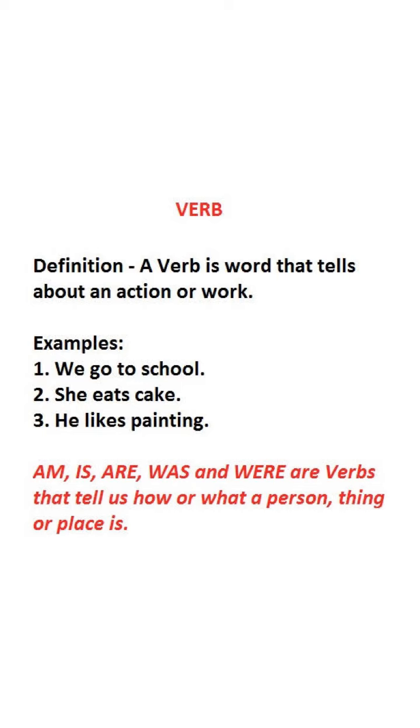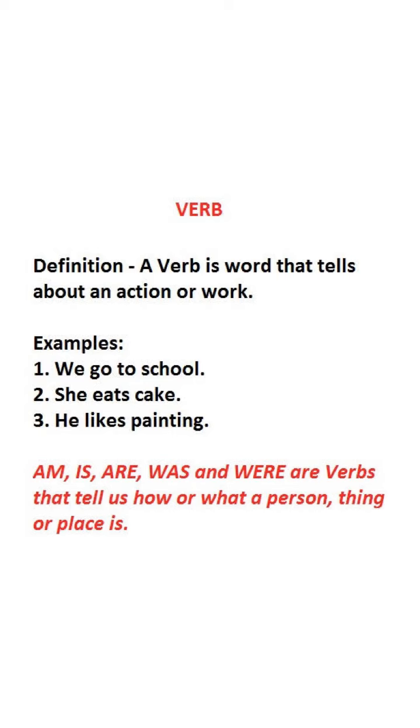It means who or what a noun is or was or will be. For example, Meera is a doctor. Now, here, this word is telling you about the state of Meera. What is Meera? Meera is a doctor.